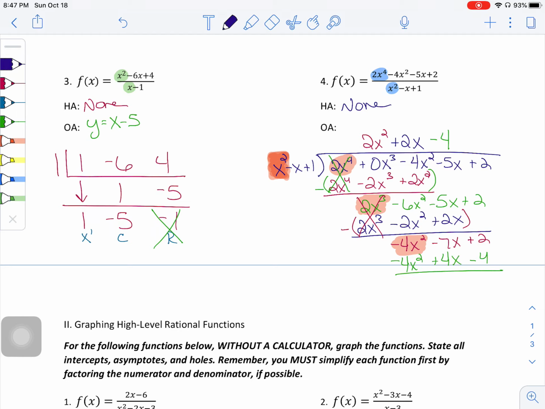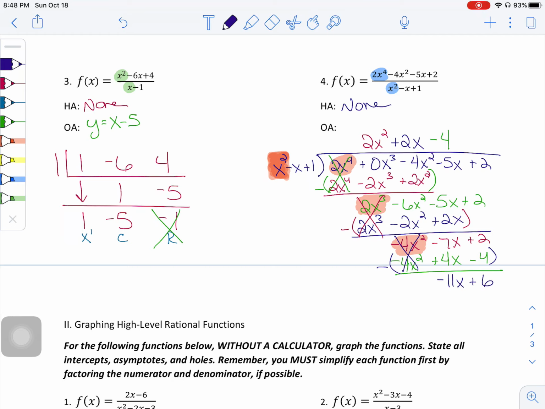Now I'm going to take this whole mess and subtract it. So negative 4x squared minus negative 4x squared, they're going to cancel. Negative 7x minus 4x is going to be negative 11x. And then 2 minus negative 4 is going to be positive 6.